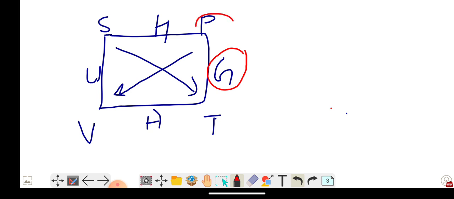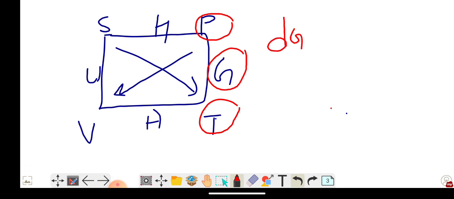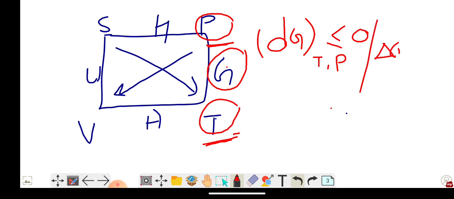We have pressure and temperature adjacent to delta Z. So dZ, the first spontaneity criteria: dZ at constant temperature and pressure is less than or equal to 0. This is the first spontaneity criteria, or we can write delta Z at constant temperature and pressure is less than or equal to 0.